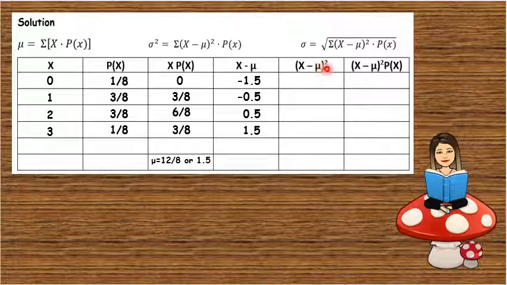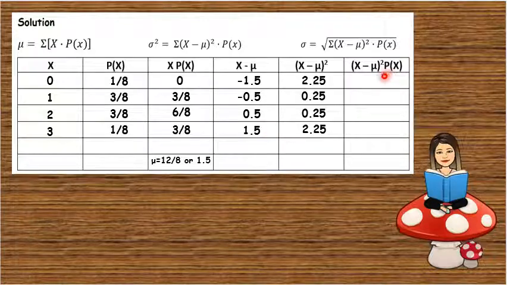And then, next column, yung nakuha natin dito, i-squared lang natin. So, negative 1.5 squared is positive 2.25. Negative 0.5 squared is 0.25. 0.5 squared is 0.25. 1.5 squared is 2.25.